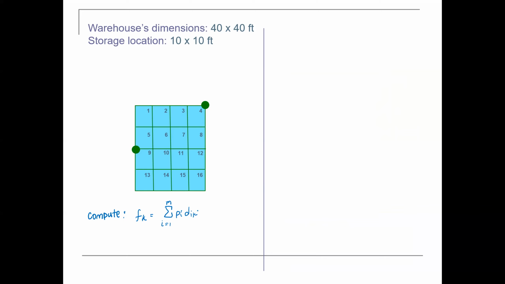That Pi. And we are going to assume that everything that goes in goes out. So the probability of going from this door to the location of the item is going to be 50%. And the probability of going from the location of the item to the exit door is also 50%.